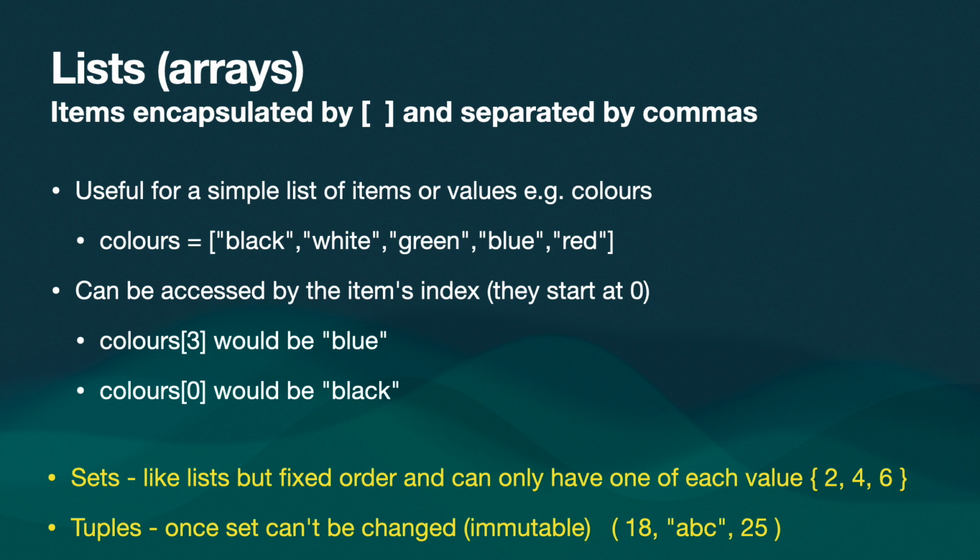Tuples are very similar. Again, they're kind of lists, but once they are set, they can't be changed. So in the example below, in the rounded brackets, we have 18, ABC, and 25. You can't rearrange them, so they wouldn't change in order, they wouldn't change the values or anything like that.